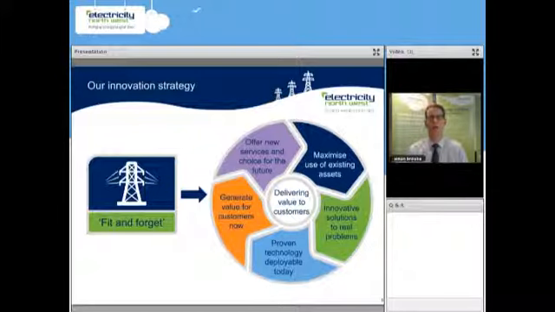What we're trying to do as part of the innovation strategy is prove that technology which is deployable today can actually deliver some real innovative solutions to the problems that we have, to underpin what we're trying to do, which is deliver value to our customers. We want to be able to offer new services and give our customers much greater choice in the future.